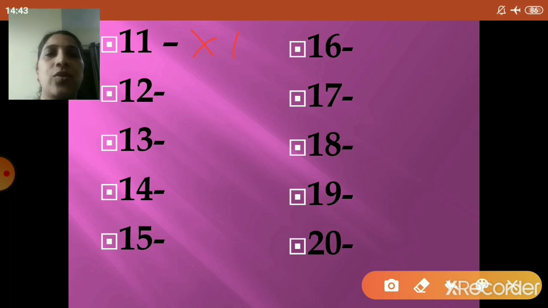Till number 20, you are going to use the first symbol as X only.